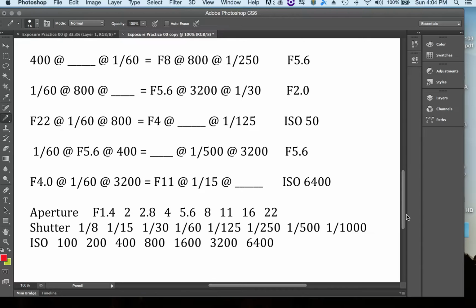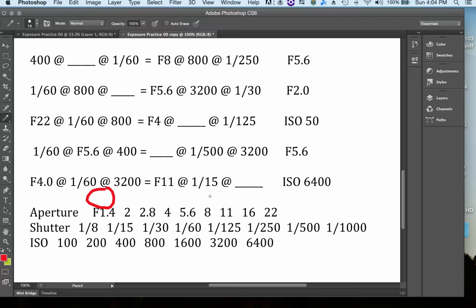And there are three factors that determine when the camera gets more or less light. One of them is your aperture, the other is your shutter and your ISO. So think of it like this, starting with the aperture. If you're at an f-stop of 1.4, that means that the iris is about as big as it gets, right?